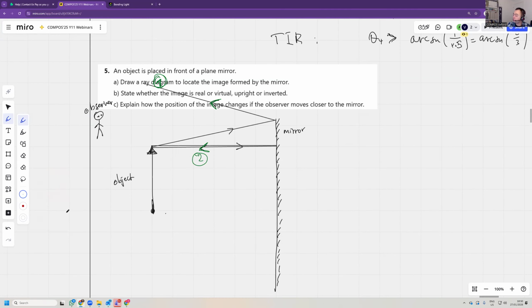Because you know that light travels in straight lines, you think that ray 2 is coming from somewhere here, and ray 1 is coming from somewhere here. And the two rays intersect, that's where they intersect, and that's where the top of the image is.